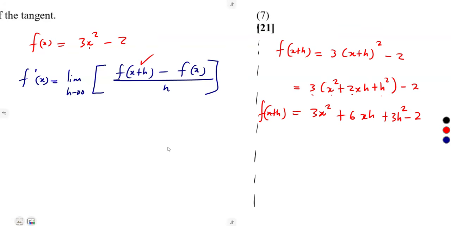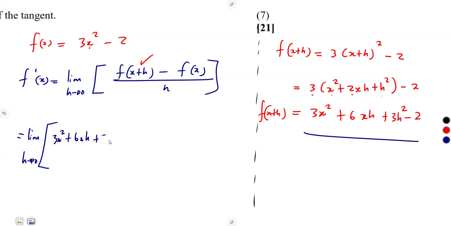So that's actually our f of x plus h, the one that you're going to need here. So substitute that. There was going to be limit as h approaches 0 of f of x plus h. Just substitute this as it is: 3x squared plus 6xh plus 3h squared minus 2.